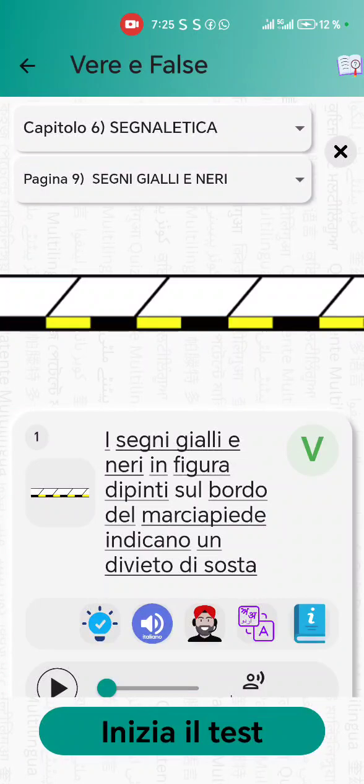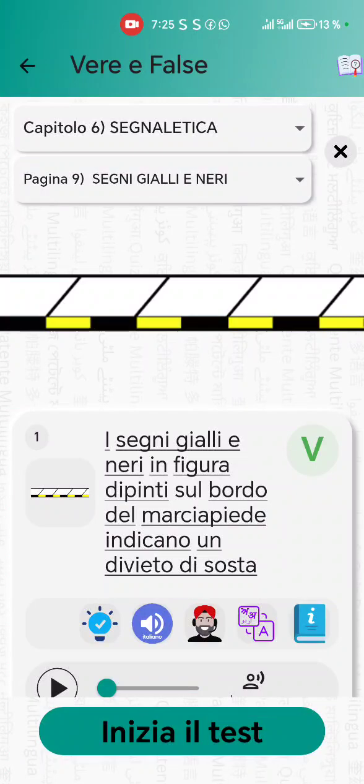You can only do fermata. You stop, you drop passenger if you want to drop, or you still go again. But you cannot stop in that place. You cannot do sosta, that is, you cannot just park your car and come out. So it's prohibited. They call it divieto di sosta.